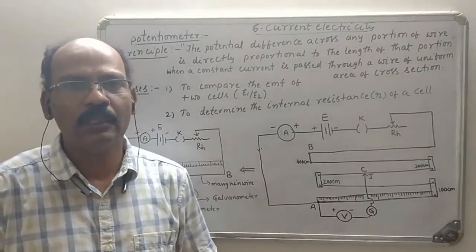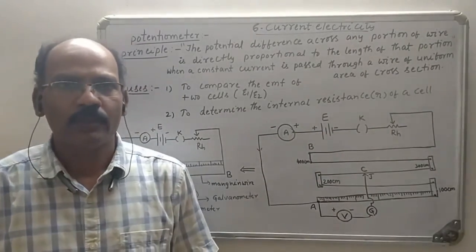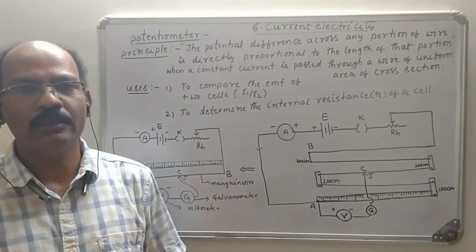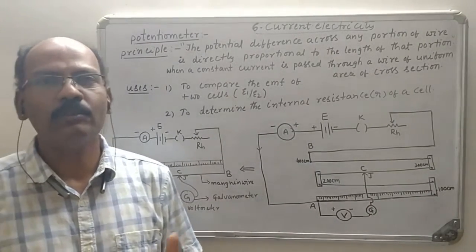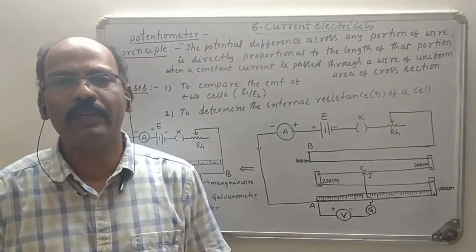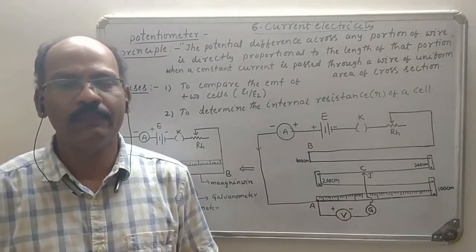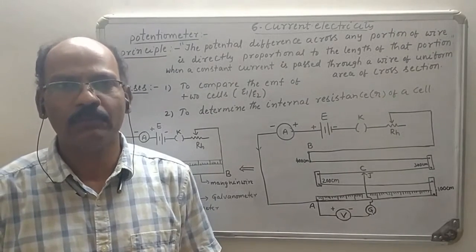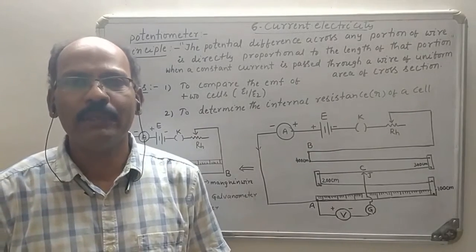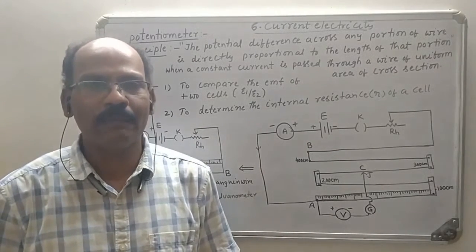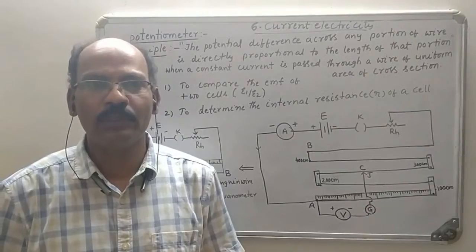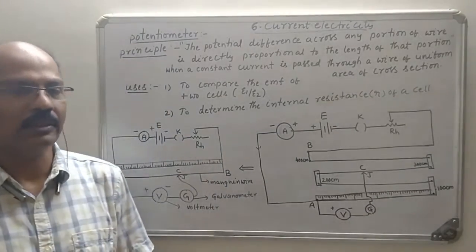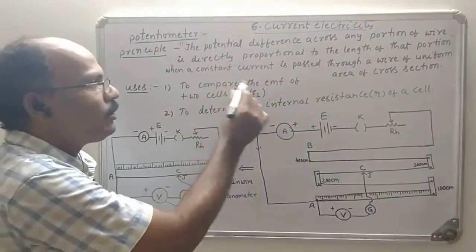So what are the uses of potentiometer? Potentiometer is used to compare the electromotive force of two given cells. Already we defined the electromotive force in the previous class. So we can compare the electromotive force of two given cells. That is the first use.